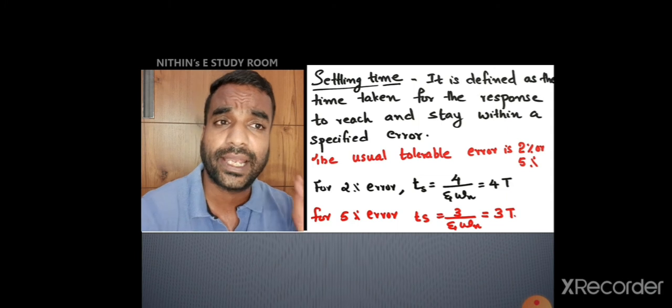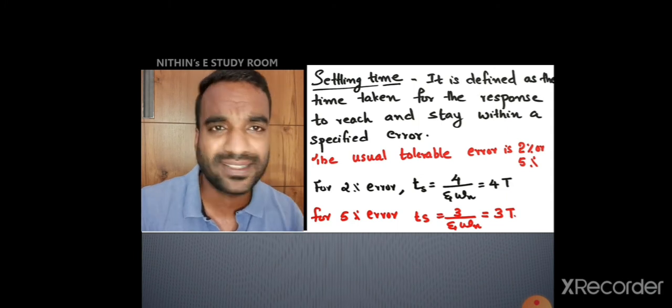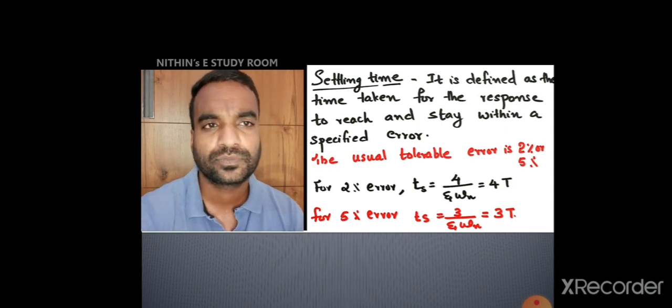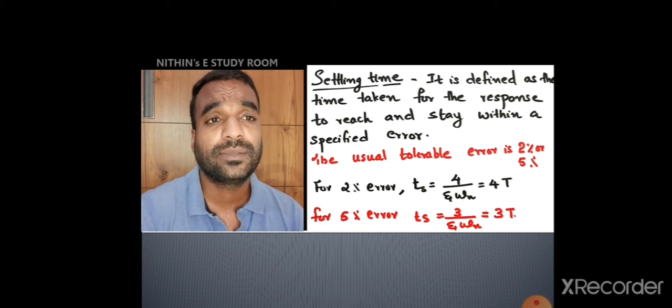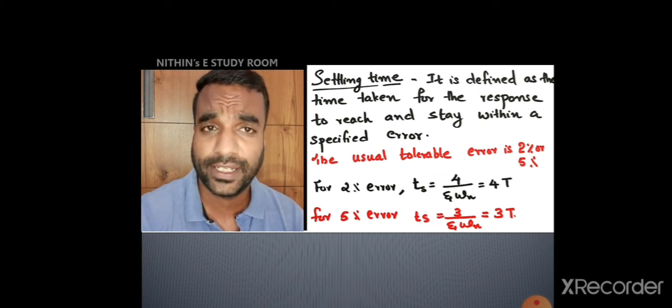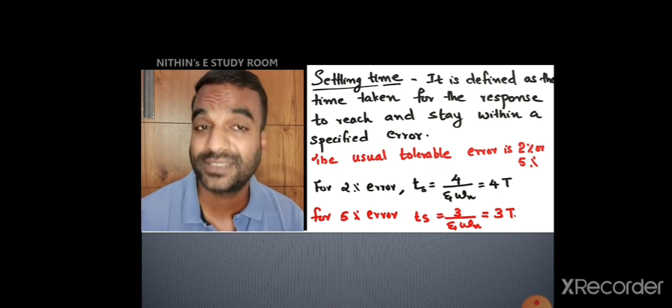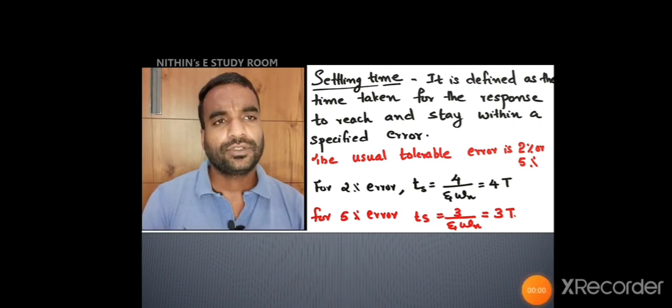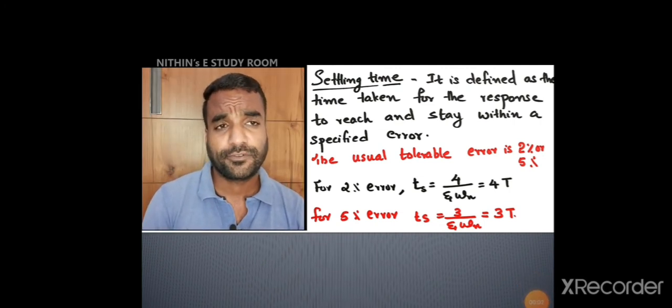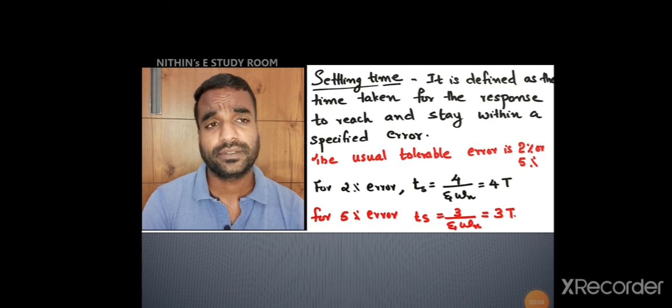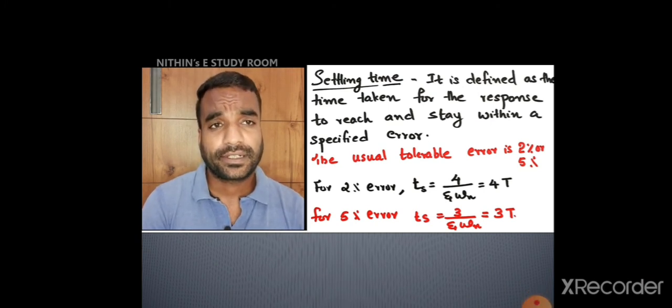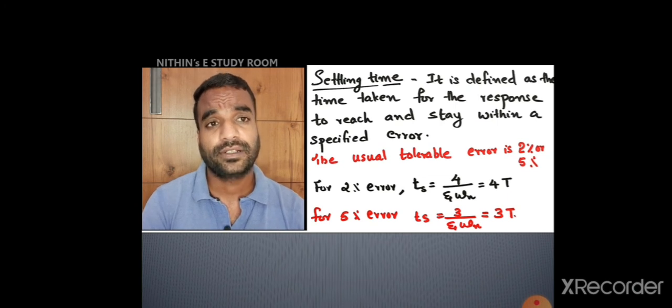So 0.5 second will be the time constant for that particular system. Ts is equal to 4 by eta omega n for 2% error, so it is 4 times the time constant.